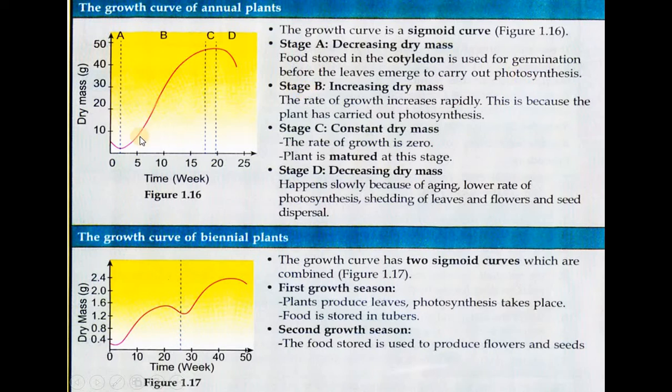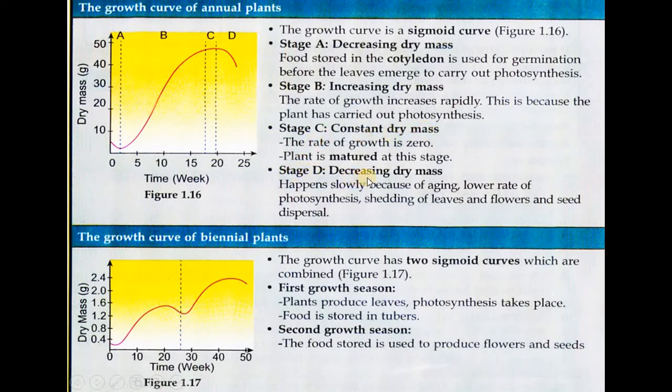Stage B, increasing dry mass. The rate of growth increases rapidly. This is because the plant has carried out photosynthesis. Stage C, the rate of growth is 0. The plant is mature at this stage. Stage C refers to the constant dry mass.